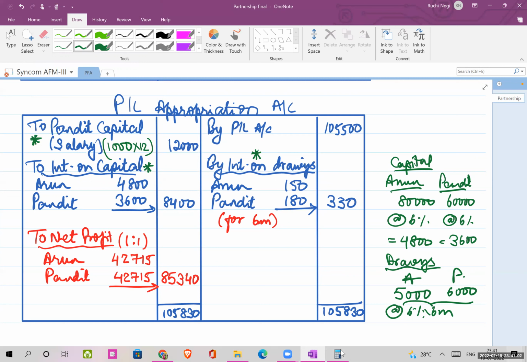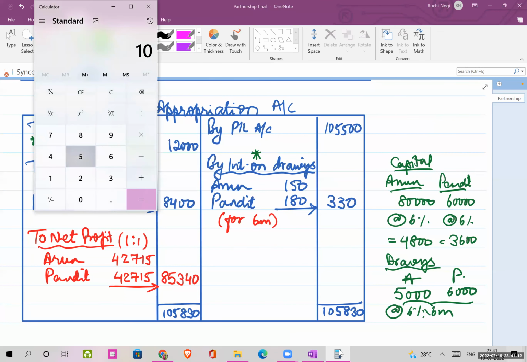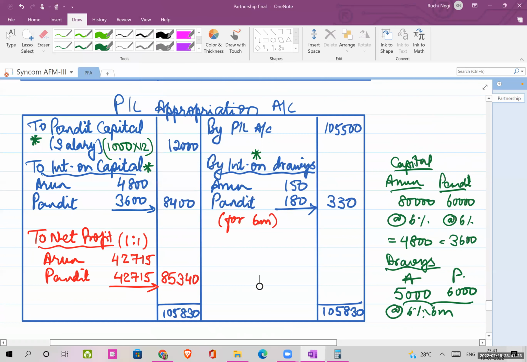Okay, so these 3 entries are reflected in your P&L appropriations account, and accordingly their second effect will be in the capital account.